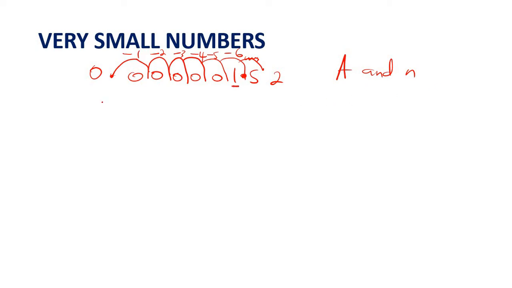With that, I will also discard these zeros, and then I'll have my a to be 1.52, and my n is -6.